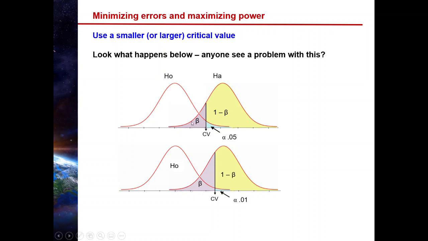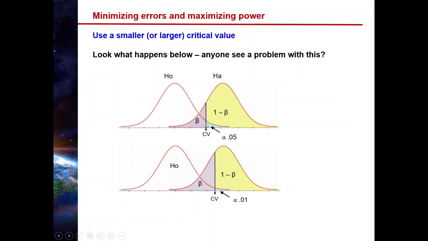Beta, however, is fairly large. That's the probability of making a type 2 error. And then here is the 1 minus beta area, the probability of correctly rejecting H0. Now that's if we choose this as our critical value. It's the critical value that starts this 0.05 rejection zone, okay?